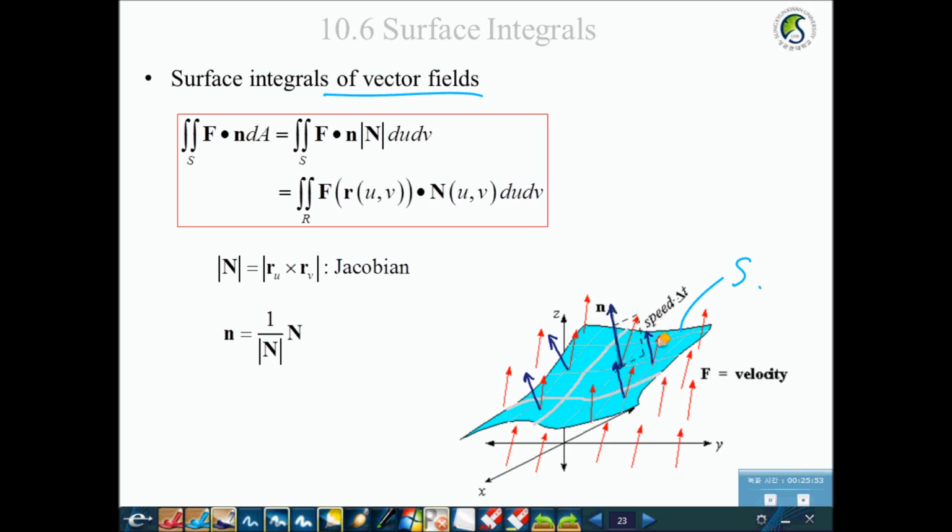But what we want is not the whole vector; we want its projection onto the surface normal. So that amount, that amount, that amount, we add those projected amounts all over the surface. That's the surface integral of vector fields.